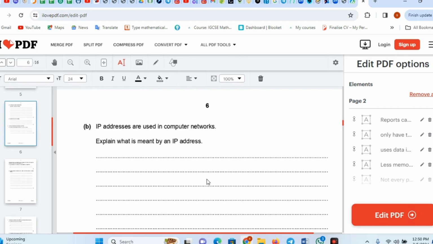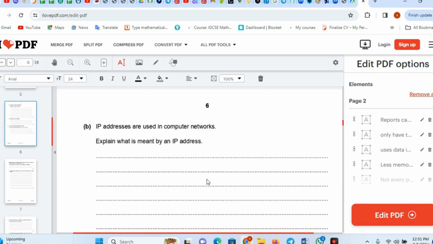It simply stands for Internet Protocol. That's the meaning of IP, Internet Protocol. And yours differs from mine because we are not using the same internet. Even your phone has an IP address apart from the internet you use to browse.